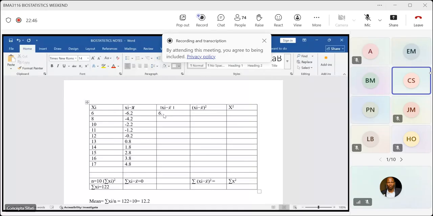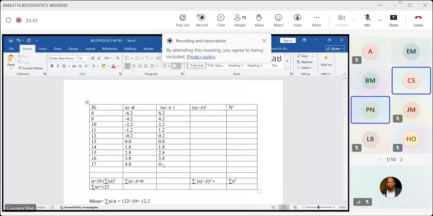So we have 6.2, 4.2, 2.2, 1.2, 0.2, 0.8, 0.8, 1.8, 2.8, 3.8, and 4.8.